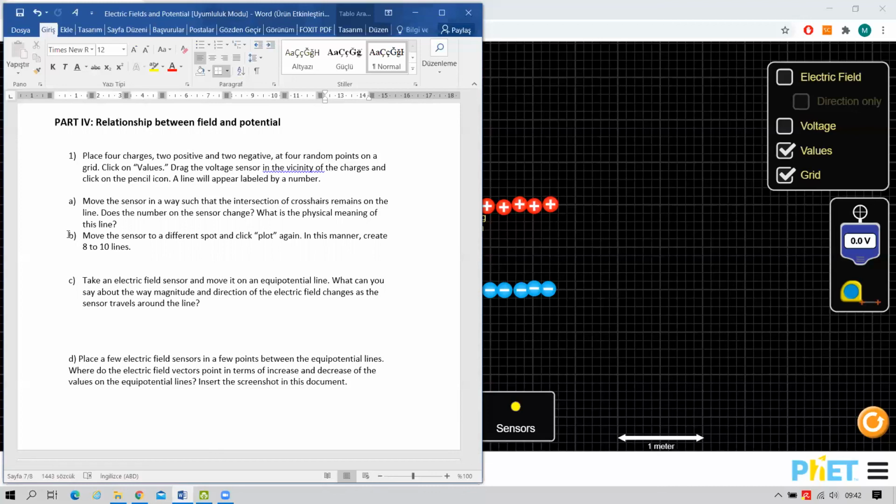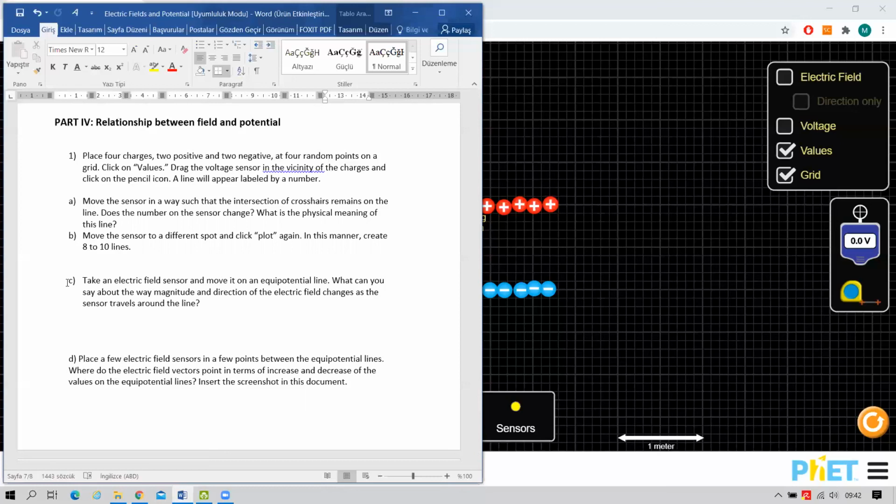In this manner, create 8 to 10 lines. And then take an electric field sensor and move it on the equipotential line. What can you say about the way the magnitude and direction of the electric field change as the sensor travels around the line?